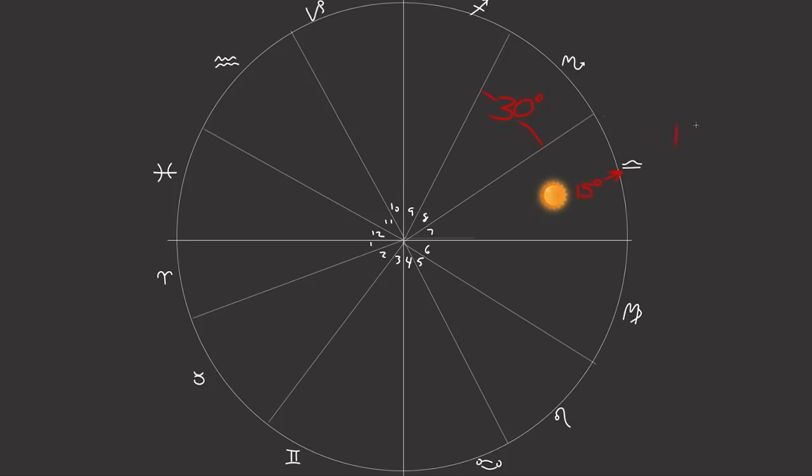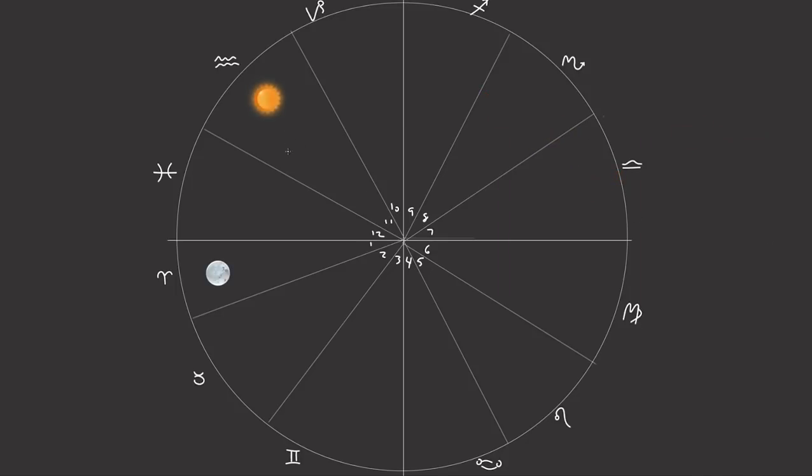That's what it means when you see 15 degrees of Libra, that the planet is in the exact middle of the sign. Now obviously it's continually moving, so it's not going to stay there. It's going to gradually go up into the next sign, and the next sign, etc., until it makes a full circle around the chart.